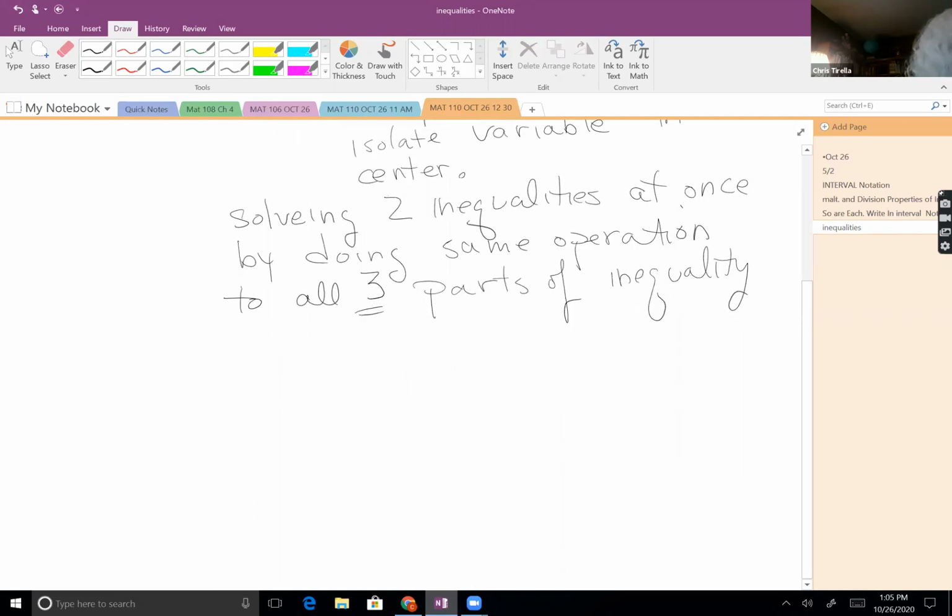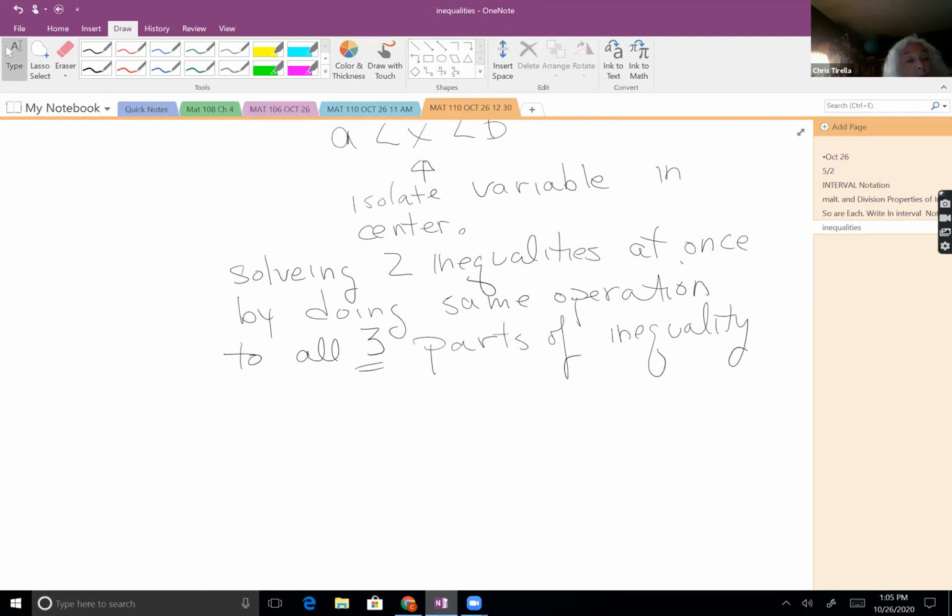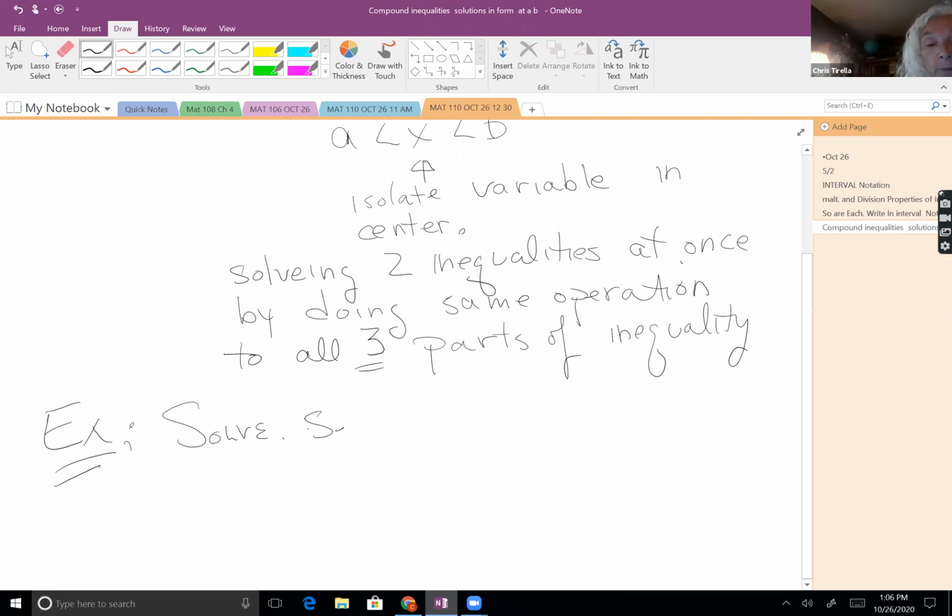So what do those look like? We look at a couple of examples. First example we want to solve. We want to express the solution in interval notation.